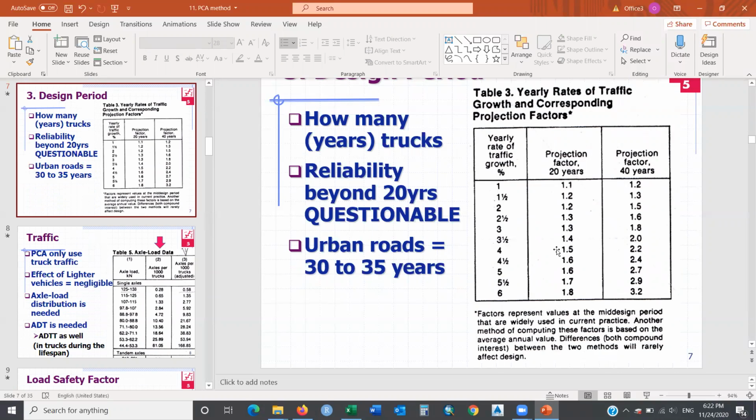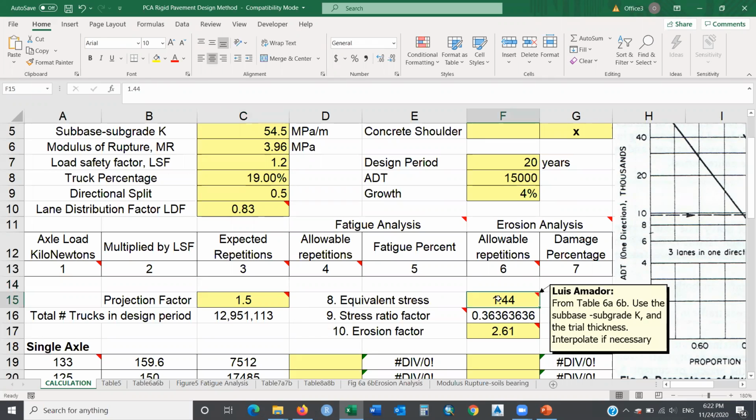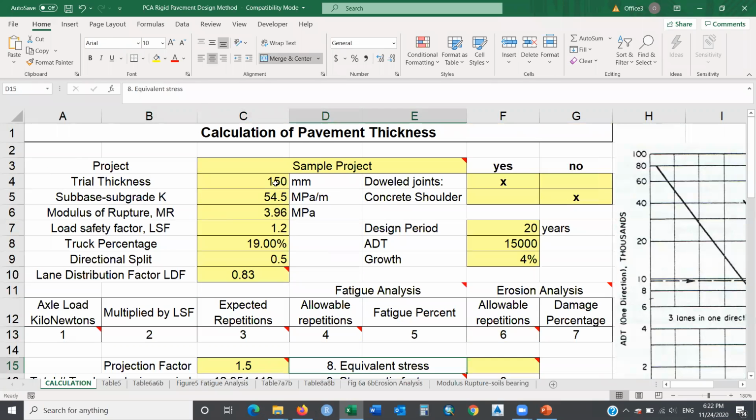Projection factor is 1.5. So I don't know how much is going to be the equivalent stress. We're going to figure it out. But we already know that we have 150 trial thickness and 54 megapascals.